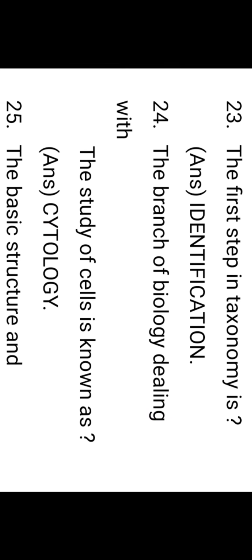The first step in taxonomy is identification. The second step is classification. Identification, description, nomenclature and characterization are the four steps.